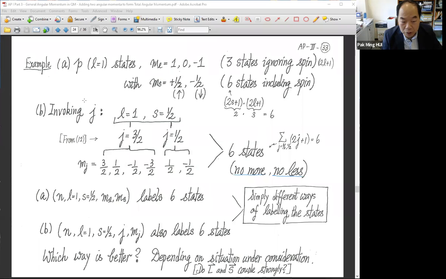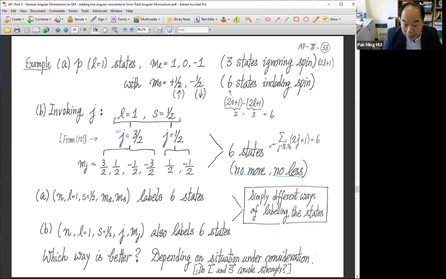If we invoke the total angular momentum J, we have a quantum number small j. We exercise the rule, we have P, L equals 1, add into spin half. The rule says we have two possibilities. J is 3/2 or half.